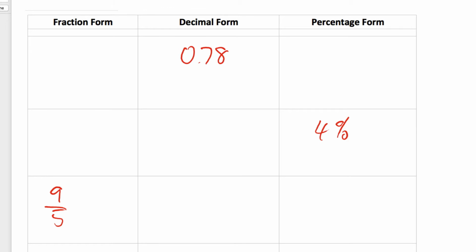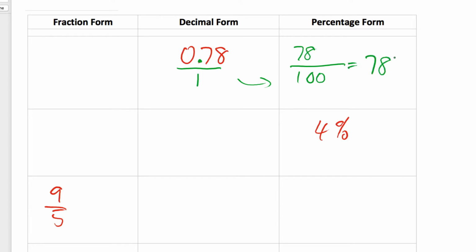Okay, let's just do some examples converting between these various representations of a given quantity. If we have 0.78 in decimal form, remember 0.78 means out of 1. As a percentage, which is out of 100, we would need to multiply our decimal form by 100 to get percent.